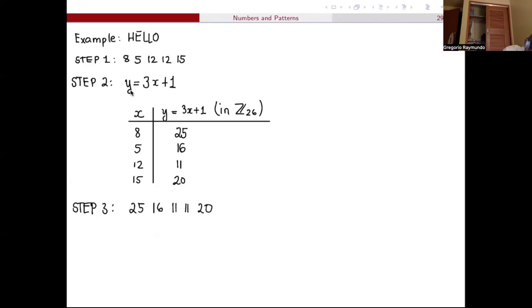Ano ang 25th letter? 25th letter is Y. 16 is P. 11 is K. K. 20 is T. So that is hello in our encryption 3x plus 1. Yeah, good. Okay.